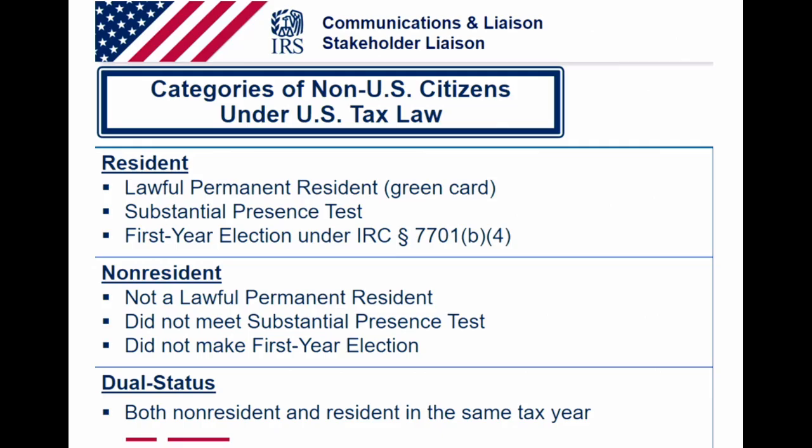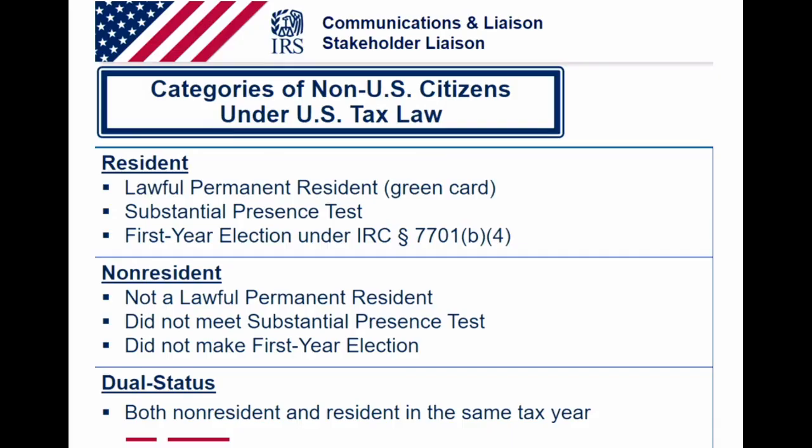The other is the substantial presence test, which we will discuss in more detail shortly. In addition, a person can also make a first-year election under Internal Revenue Code Section 7701(b)(4) to be treated as a U.S. resident for that tax year if they meet the qualifications.